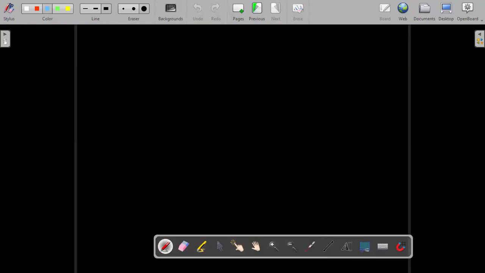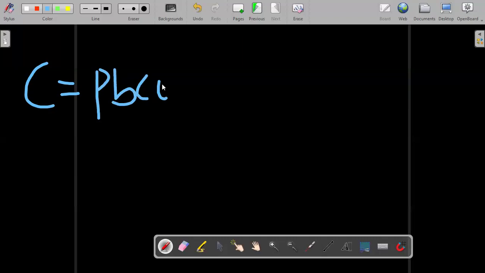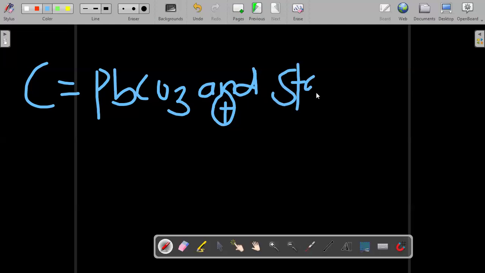Your C is lead carbonate, but you're not going to see it labelled as lead carbonate; they will label it as C. And plus starch. These are the two materials you will see: lead carbonate and starch.